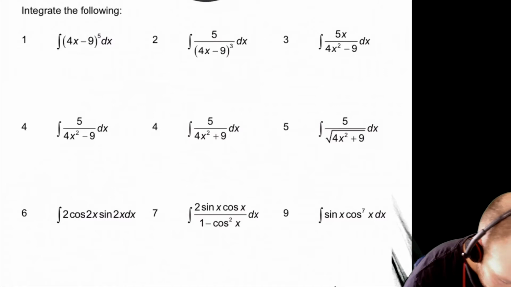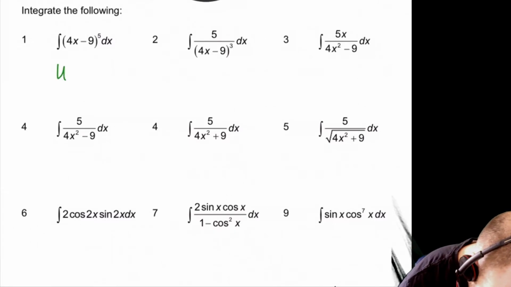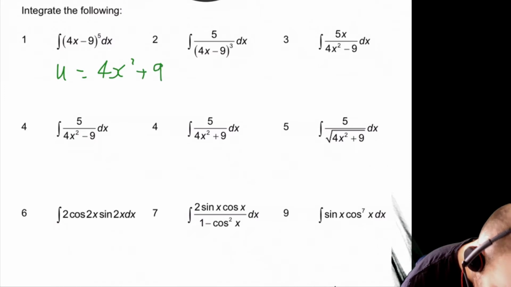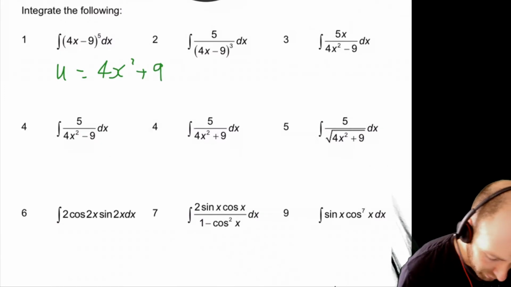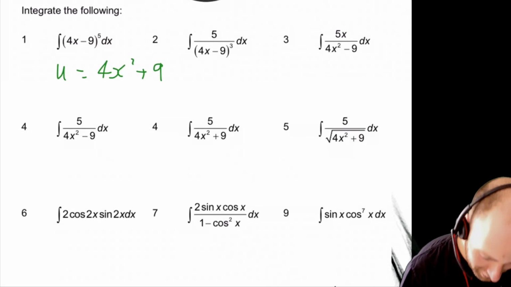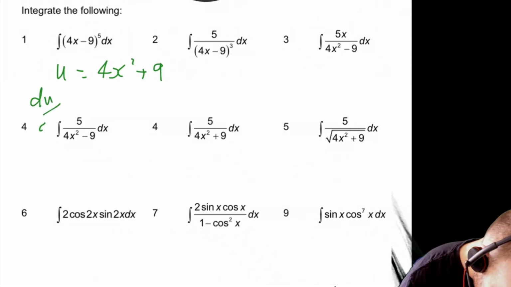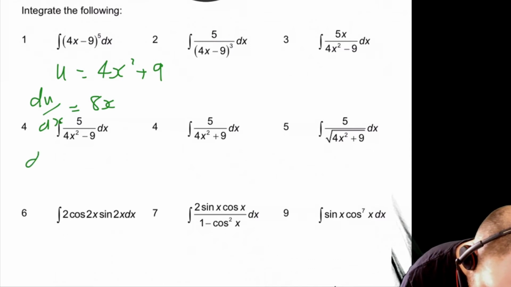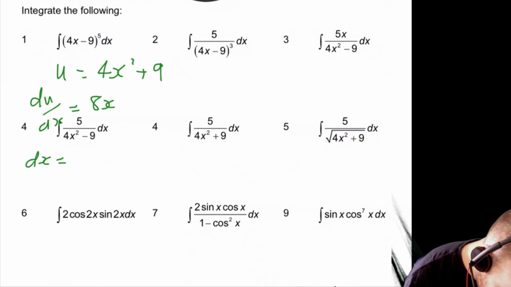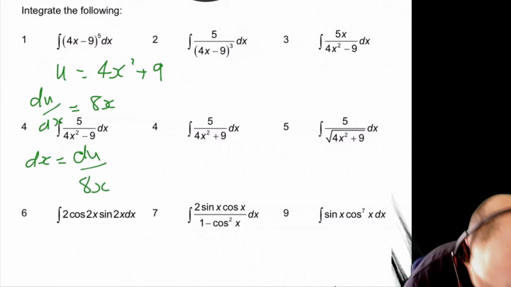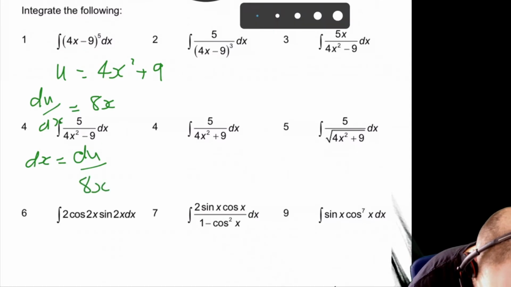So I'm going to let u equal all of the bottom. And I don't know if this is going to work. I've got no idea. So du/dx is going to be 8x, so dx equals du over 8x. This is going to be very interesting.